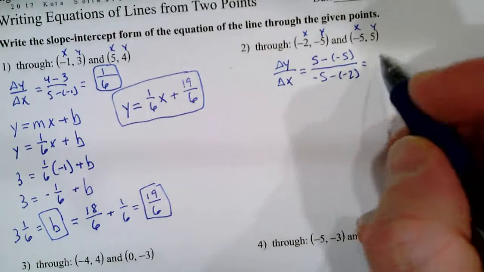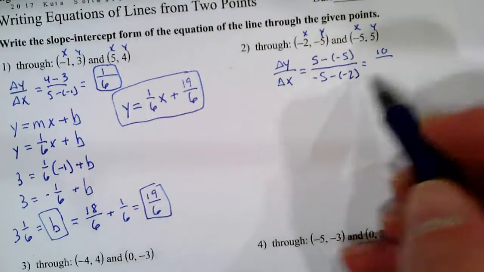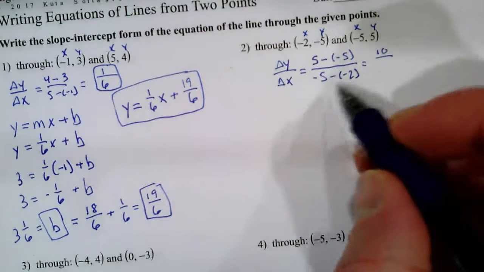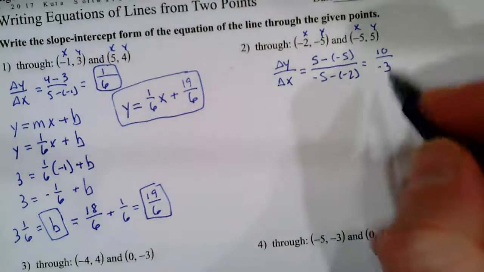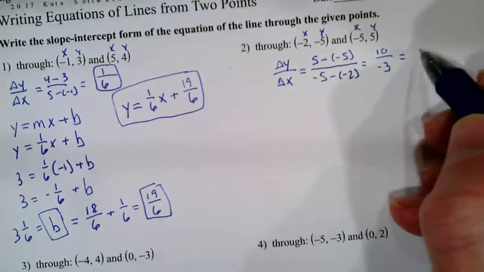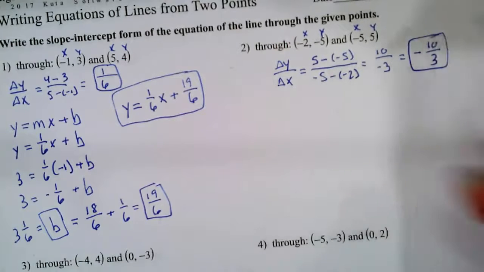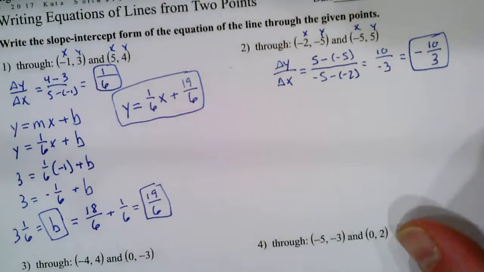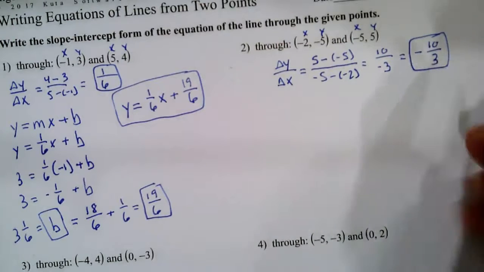So 5 minus negative 5 is the same as 5 plus 5, that's 10. And negative 5 minus negative 2 is the same as negative 5 plus 2, which is negative 3. So our slope, we're going to rewrite the fraction so that the negative sign is out front: negative 10/3. So this line goes down 10 spaces, forward 3.